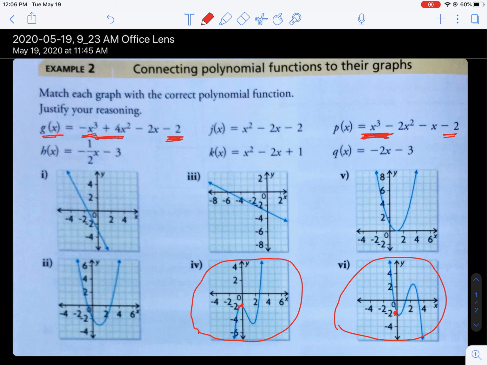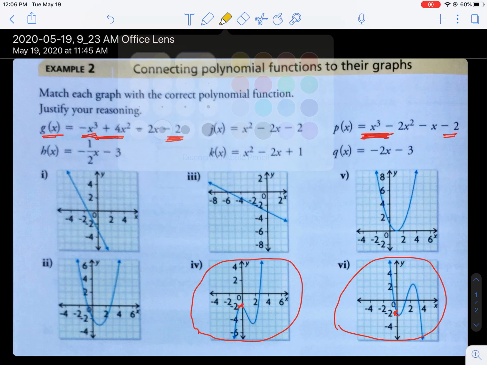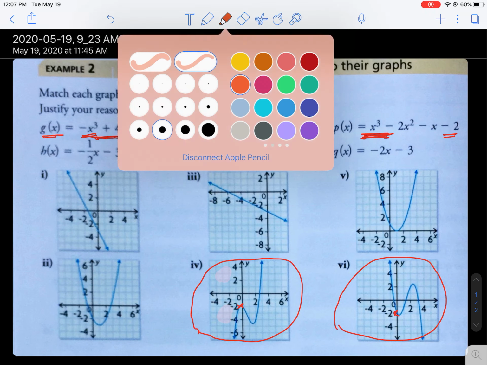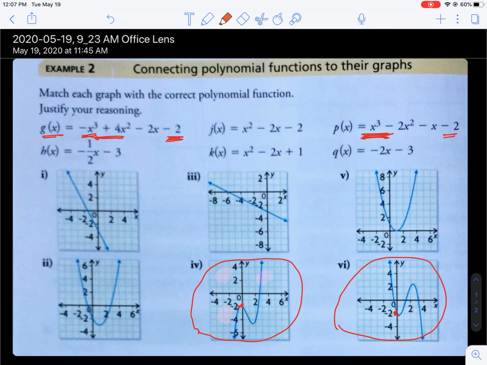Okay, so in order to find the correct graph for each equation, what we're going to do is always remember graphs, they originate in the left quadrant. So I'm going to just highlight it. So this is a left quadrant, this is a left quadrant, okay? And they extend towards the right quadrant. So this is a right quadrant and this is a right quadrant, okay?